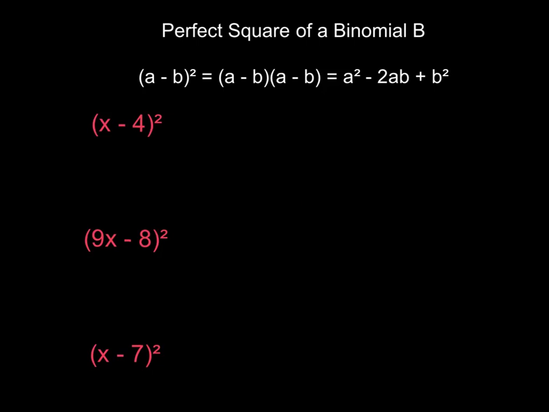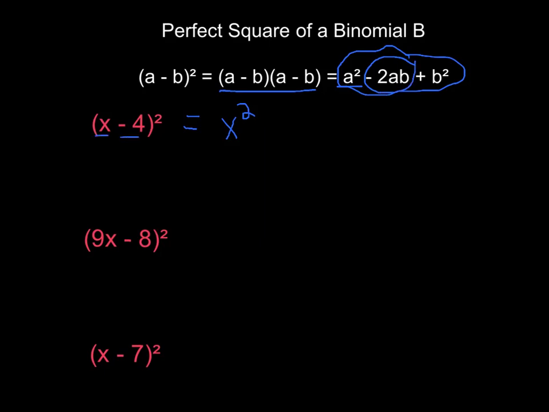Alright, here are your 3 examples. And remember, on every single one of them, you can write them out twice and then FOIL to get your solution. But for now, I'm going to use this special pattern. If you have (x - 4) squared, take the first term and square it, so we have x squared. Next, multiply the two terms together.